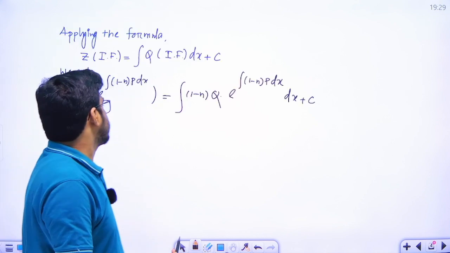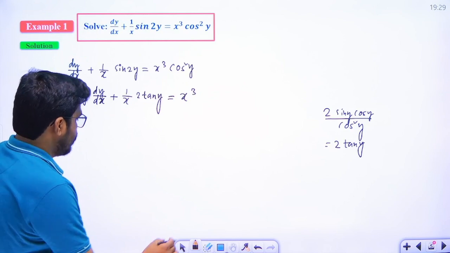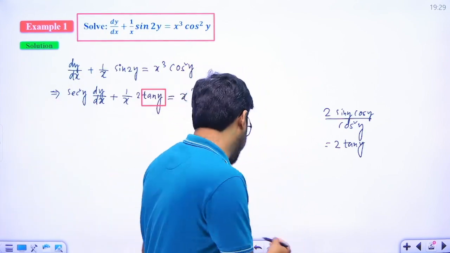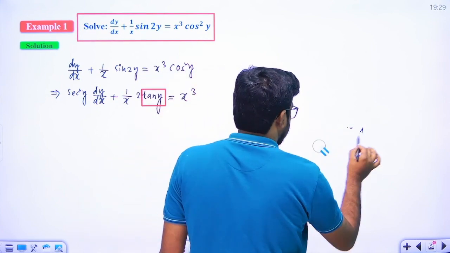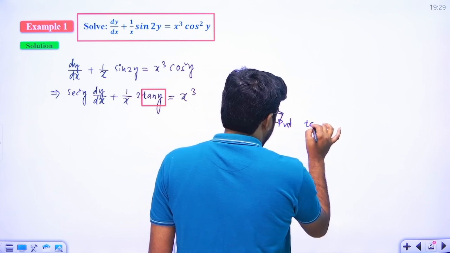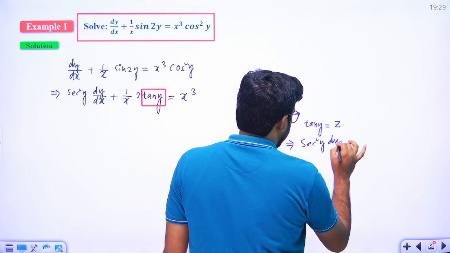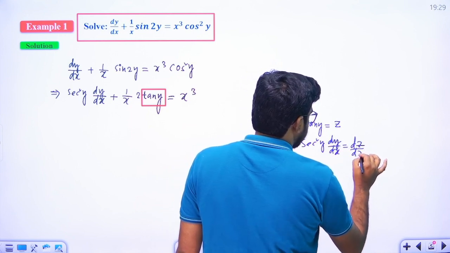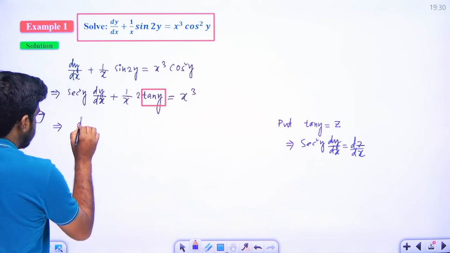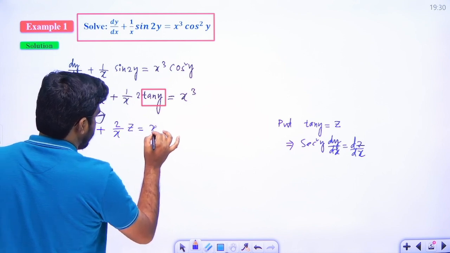Now what did I say? Just see, the function of y, what do we consider it as? z, right. So here we put tan y is equal to z. We divide by the function of y and consider the function of y as z. So we put z equal to tan y. Taking the derivative, sec square y dy/dx is equal to dz/dx. So this implies dz/dx plus 2 by x into z is equal to x cube.